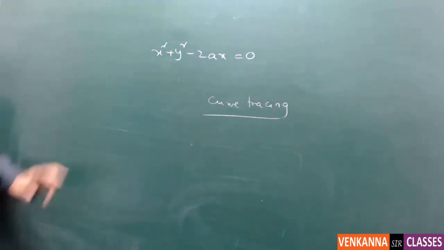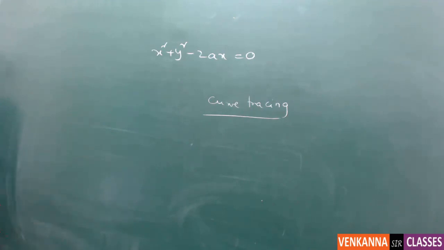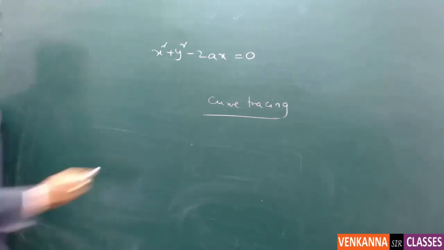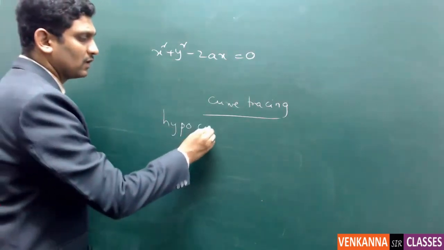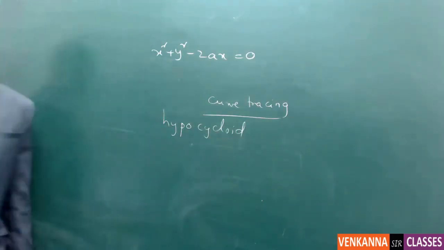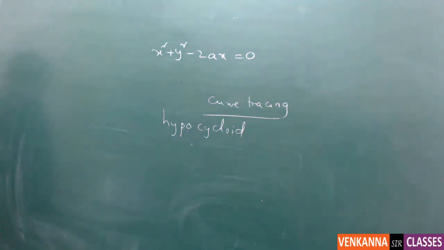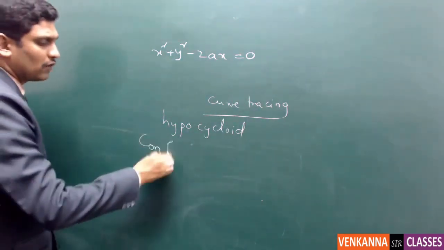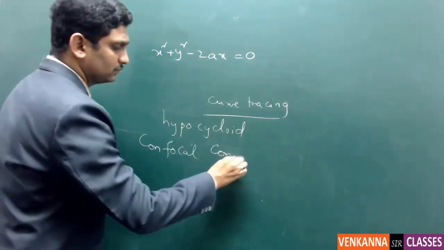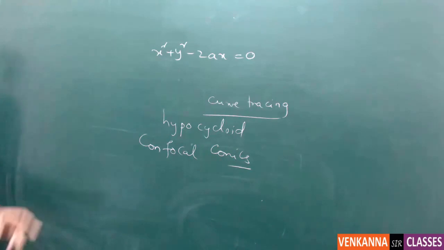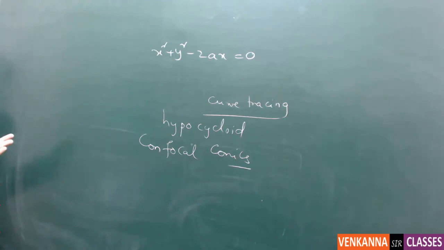There you are going to draw the graph of the curve, provided the equation is given to you, and in that mode you are going to get different words like hypocycloid, parabola, confocal conics. Can you get an idea about these words? Did you come across them? Have you heard them?